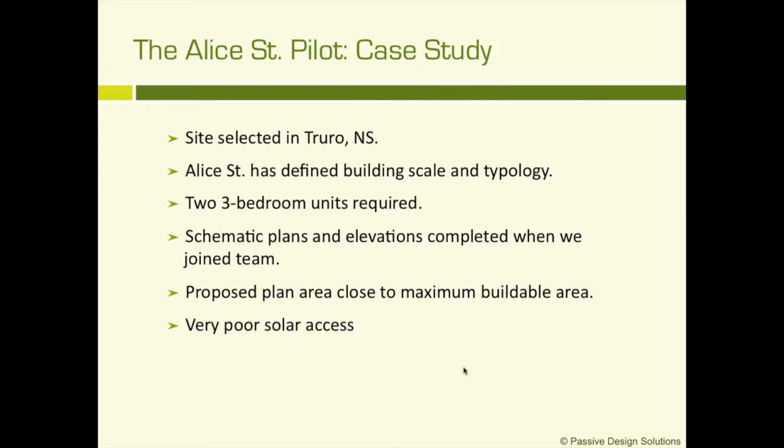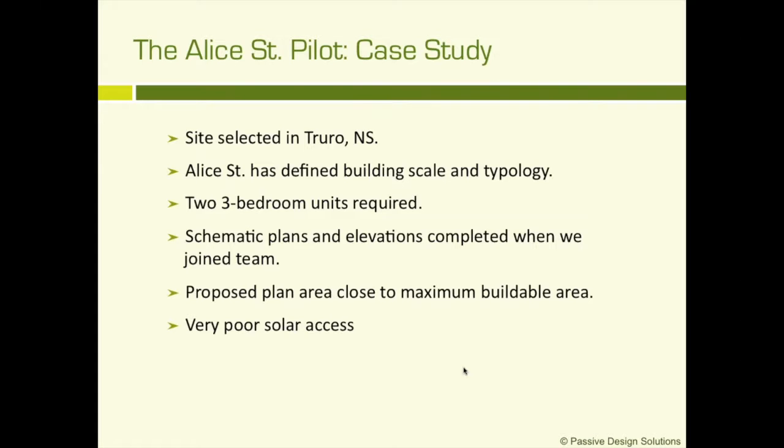So I wanted to talk a little bit about the Alice Street pilot project that we did as a case study, and this is where we got really interested in looking at the PHIUS climate adjusted standard. This was a Housing Nova Scotia affordable housing project in a small town in Nova Scotia. It was really defined by its building scale and topography.